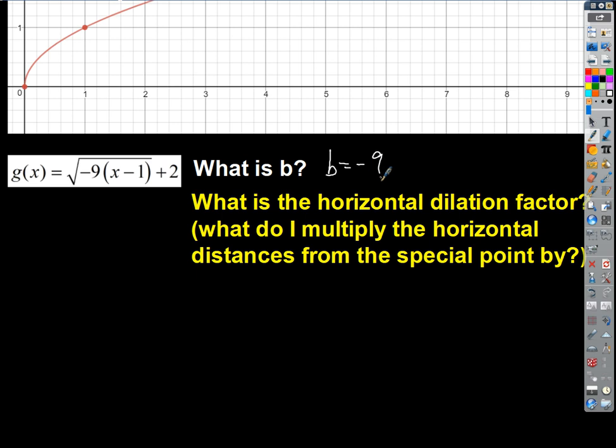And then what about H and K? Okay, but what are their values? What's H? 1. Good. It's 1 because it's the value that's being subtracted from X. And what's K? What's K? 2. Yeah.